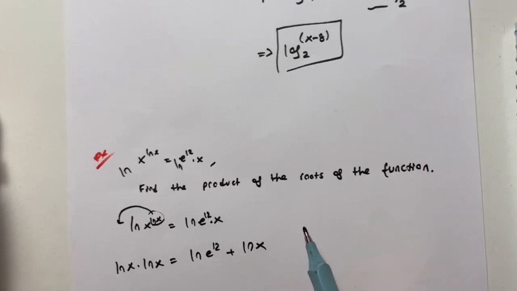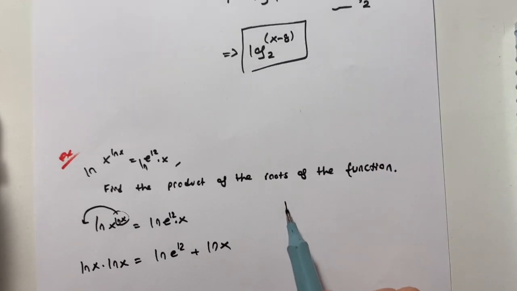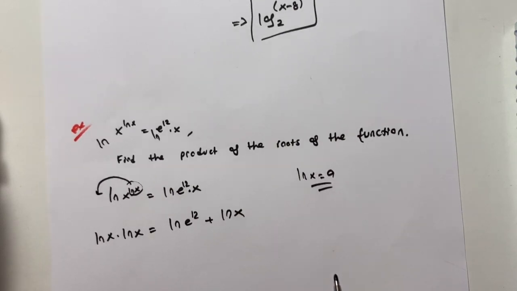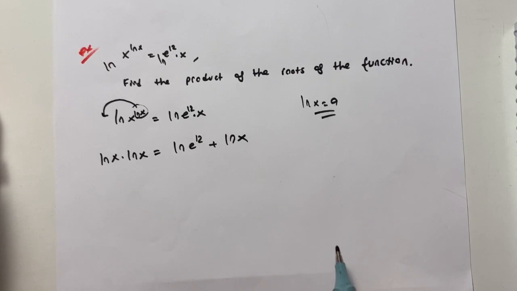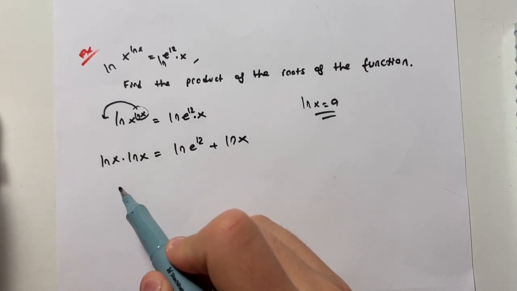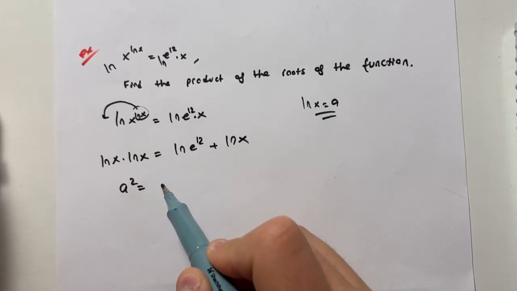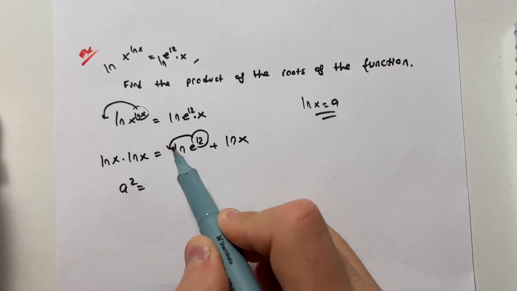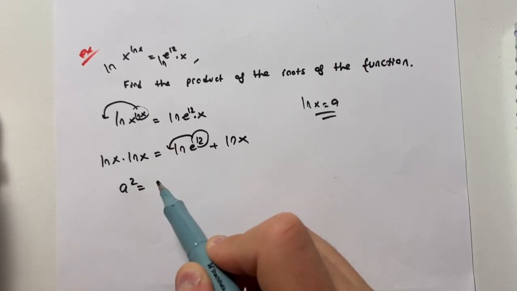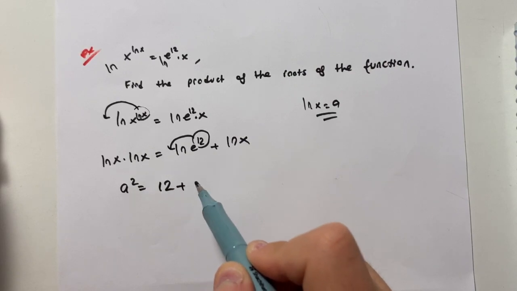If we replace ln x with an unknown, ln x equals a, we can solve it easily without having to work with hard numbers. We're going to write a instead of ln x, so this is a squared equals, this comes to the front, and ln base e of e is 1, so this is 12 plus a.